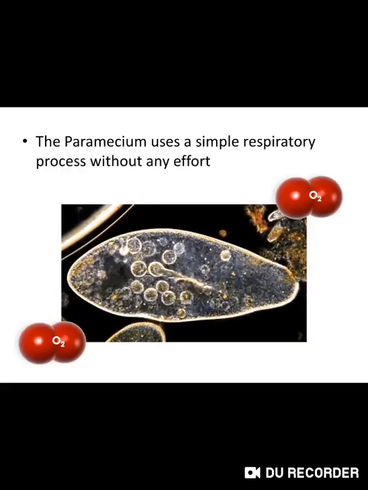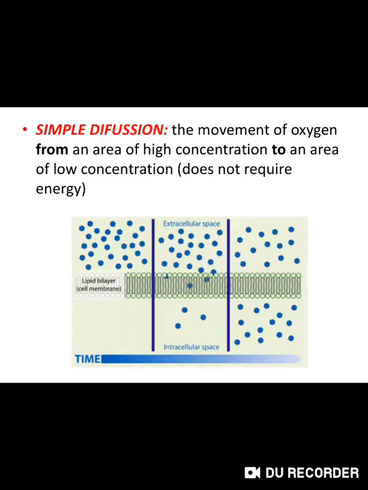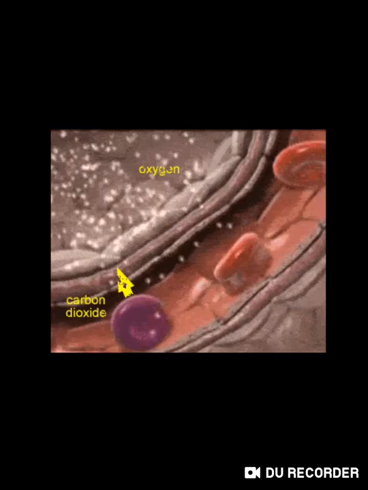Oxygen just goes through its membrane by a process called simple diffusion, which is the movement of oxygen from an area of high concentration to an area of low concentration. This doesn't require any energy.